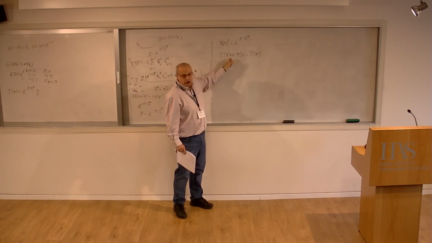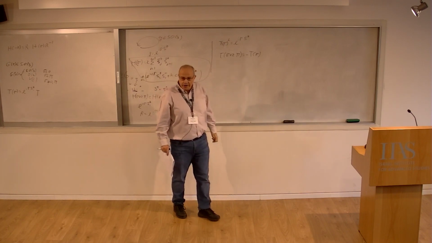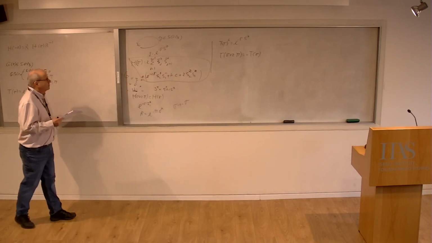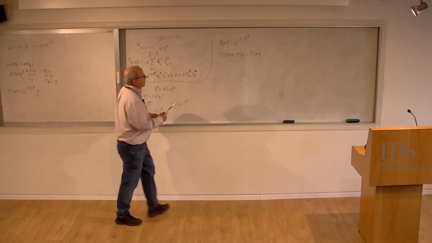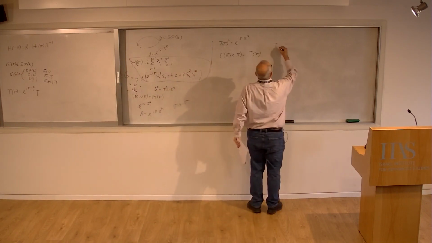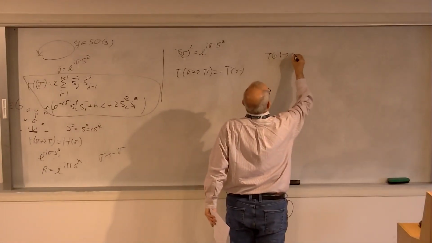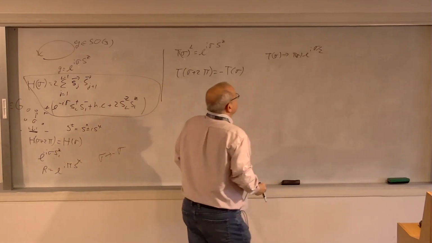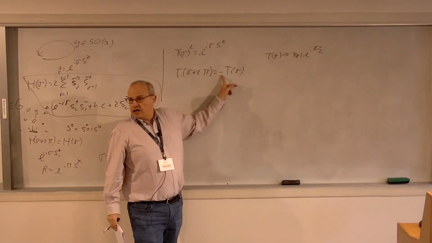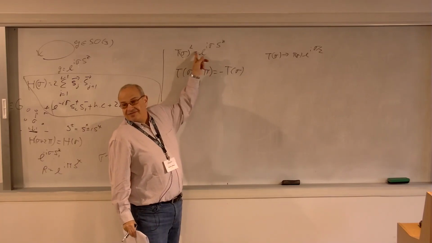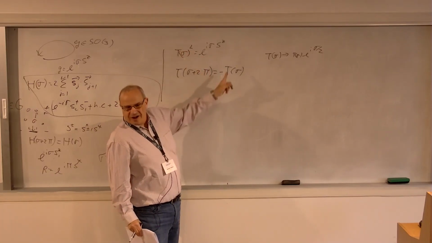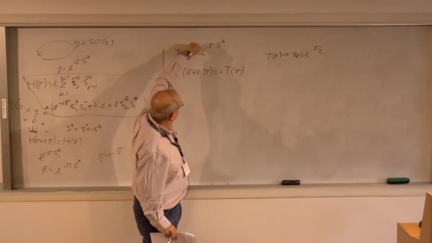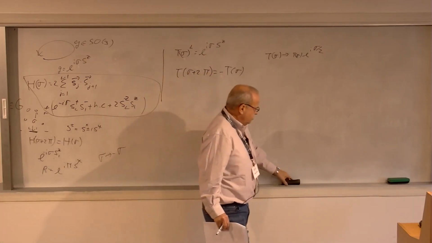And one of the generators is not periodic as we shift sigma by 2 pi. Again, we could have redefined T of sigma to T of sigma times e to the i sigma over 2. Then I will not have a minus sign here, but I will get some funny signs here. So I can always move the phases around, and I choose the phase such that there is no phase here, but there is a phase here.